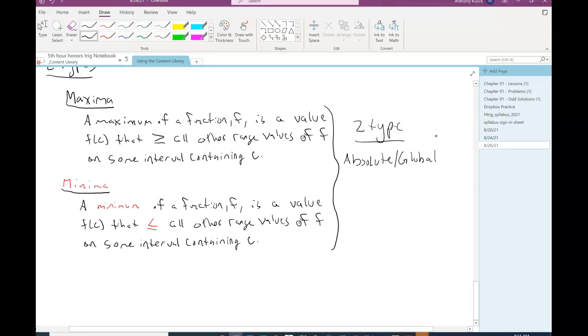So something is an absolute maximum if it's the largest range value, or tied for first largest range value over all values in the range. Is everybody okay with that? So the word there gives you a pretty good idea of what that is. The local is the other kind.